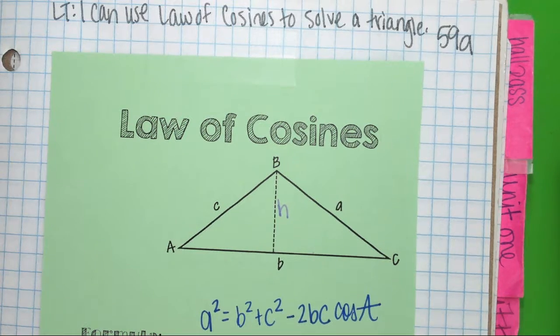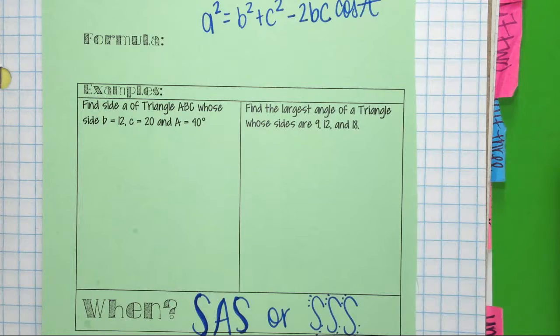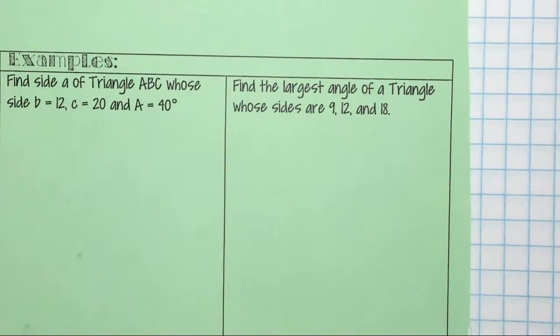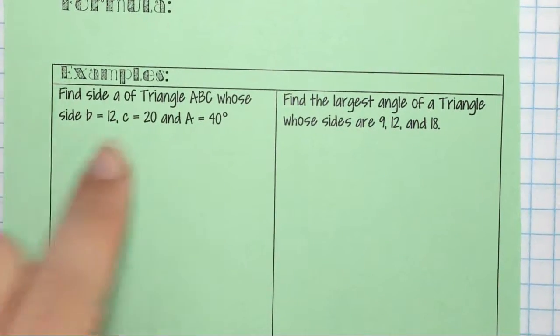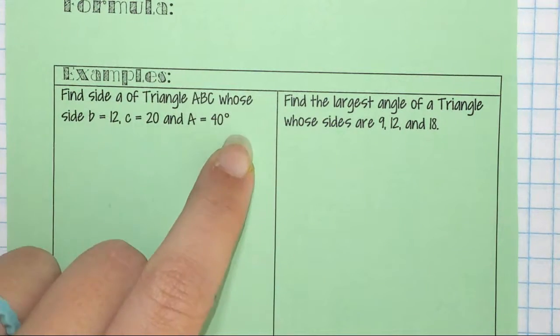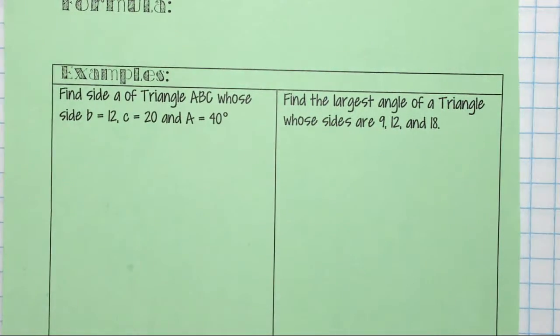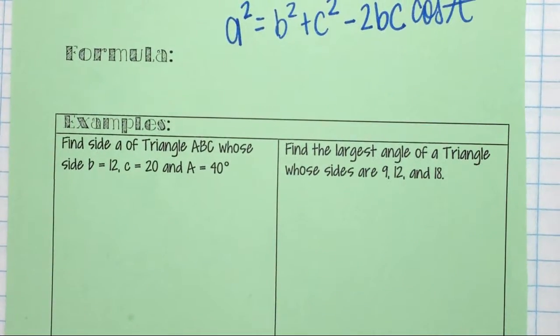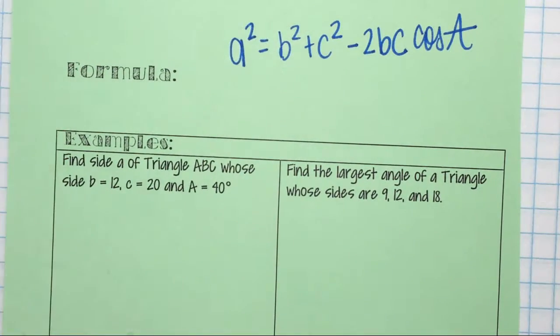Are we ready to work out our problem? Alright, so it says, find side a of triangle ABC whose side b equals 12, c equals 20, and A equals 40. Now, what do we need to do first? Draw a triangle. Take a point.